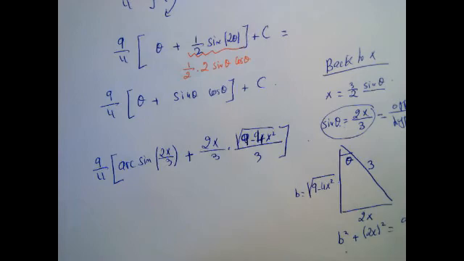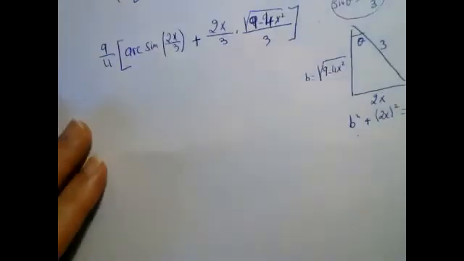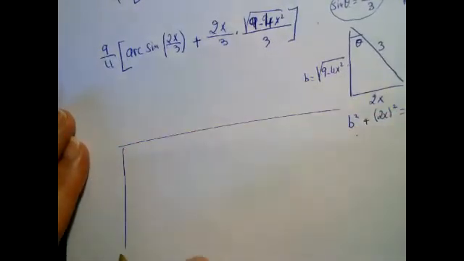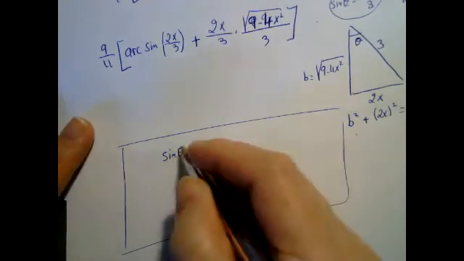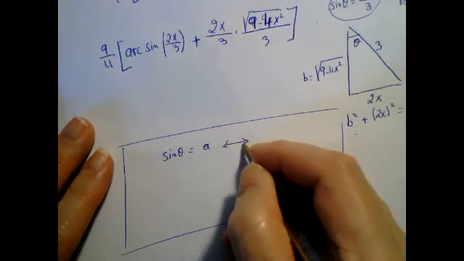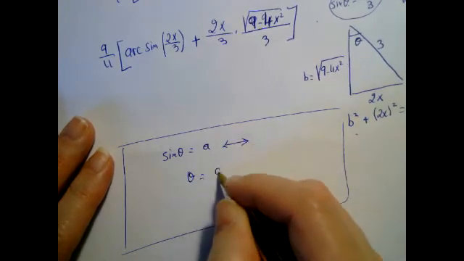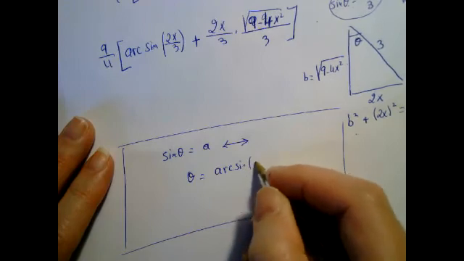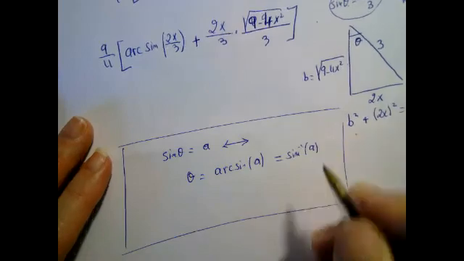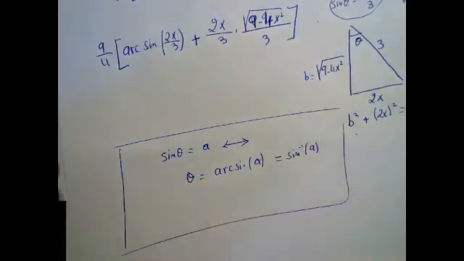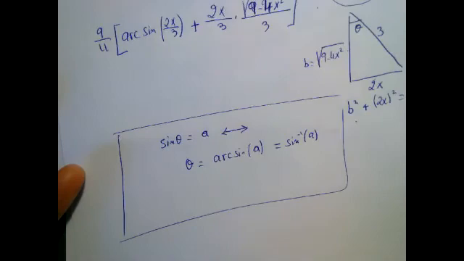I have a question real quick. So the theta is always going to be the arc sine of the sine, then? Yeah, you remember the definition of arc sine. In general, if you have sine theta equal to any number, let me call it A, it means theta is the arc sine of A, or sine inverse of A, because sine inverse is the inverse of the sine function.